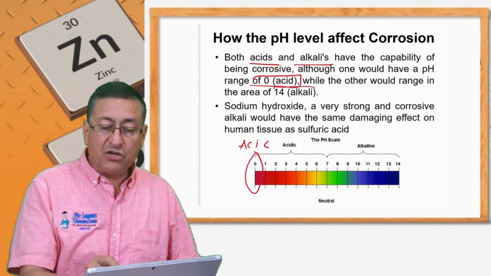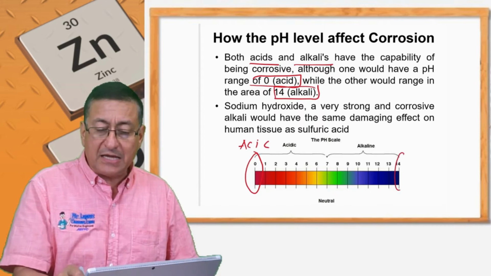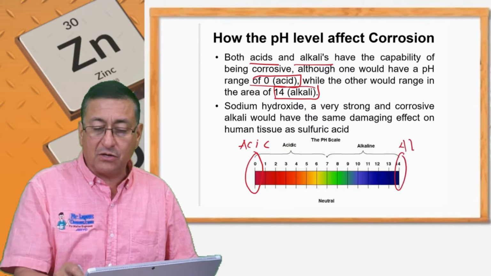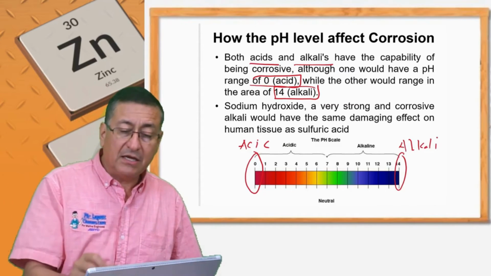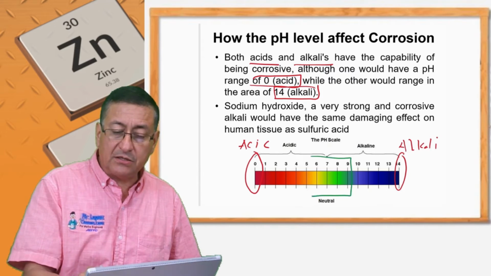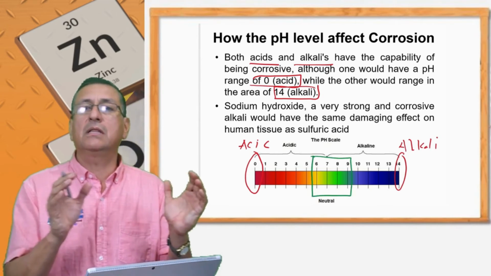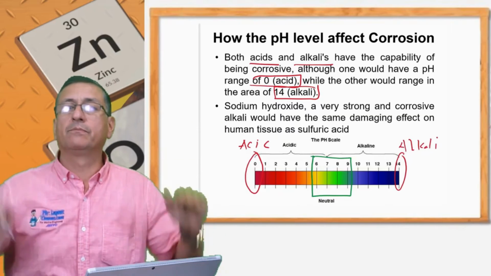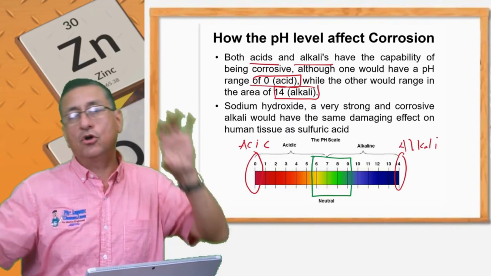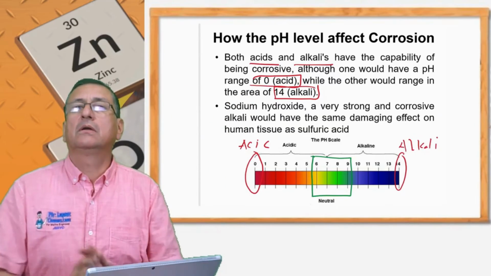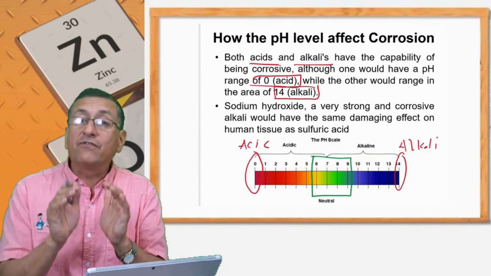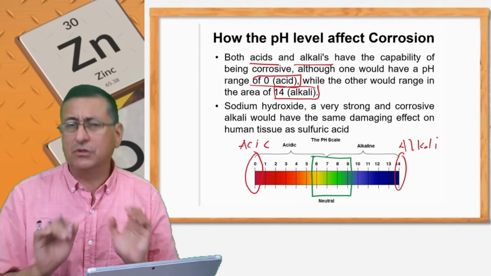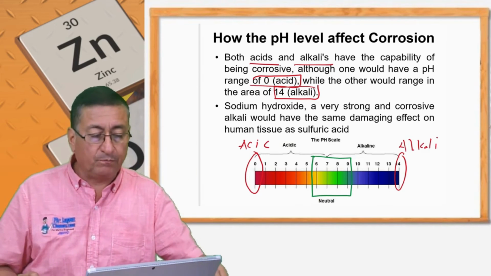Or if you have a pH around 14, it is alkali, in this corner. For that reason, the secret is to try to be located in the middle of this scale. Not too much acid, not too much alkali. In the middle is a good scenario to reduce the phenomenon of corrosion. To stop it now is practically impossible.